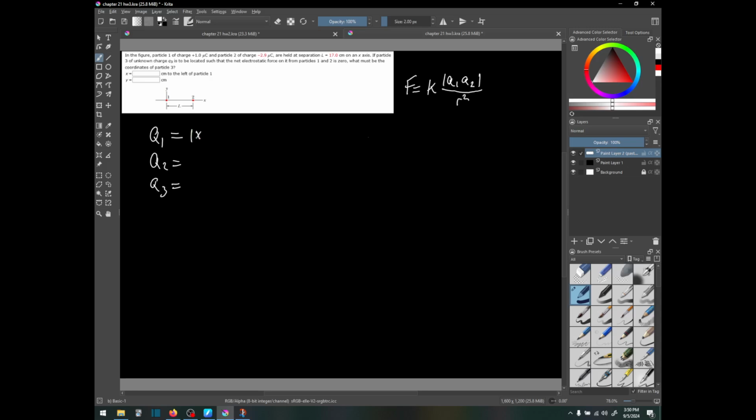Q1 is 1 times 10 to the negative 6. Q2 is negative 2.9 times 10 to the negative 6. And Q3 is unknown.